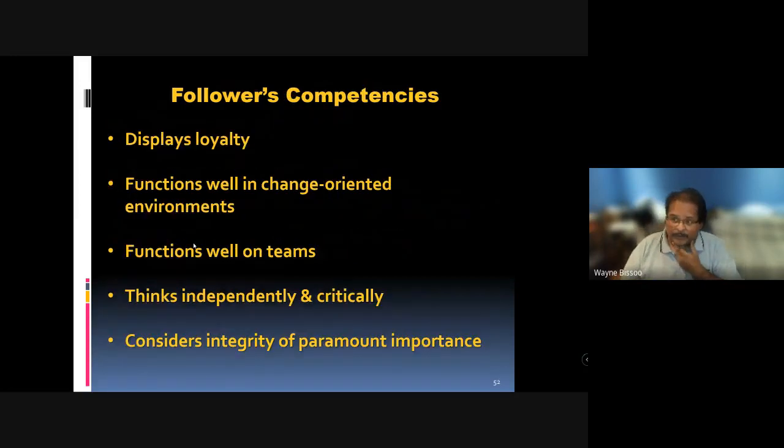What are the follower competencies? Displays loyalty, functions well in change-oriented environments, functions well on teams and groups, thinks independently and critically. This is critical, especially if you want to be able to resist the behavior of certain leaders, and considers integrity of paramount importance.